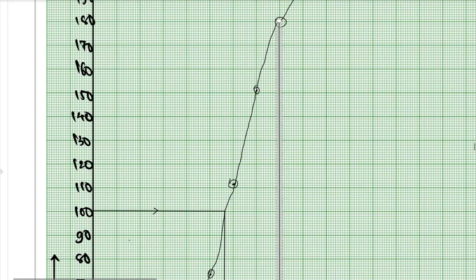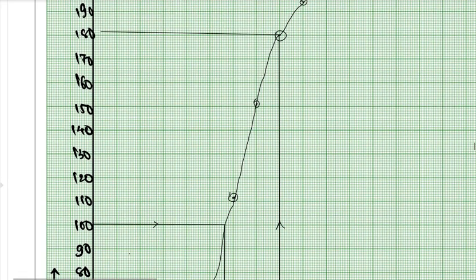Let me just make an arrow over here, which goes up. And from here, I'm going to draw a line to the left side to meet the cumulative frequency axis. So, cool. So it meets 180.